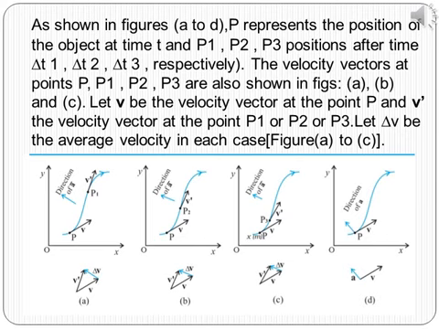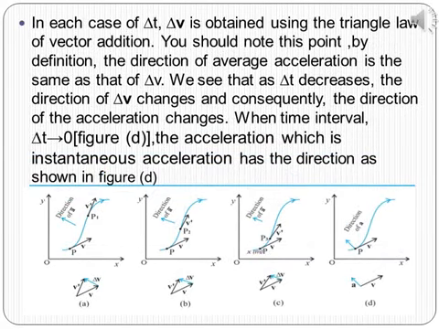Let delta V be the change in velocity in each case. You have to examine the figures A to C. In each case of delta t, delta v is obtained by using the triangle law of vector addition. You should note this point.